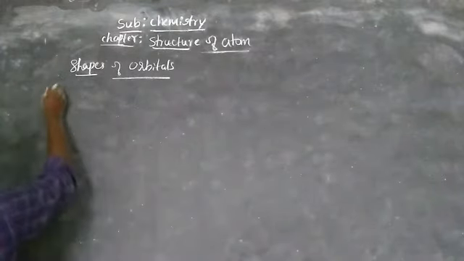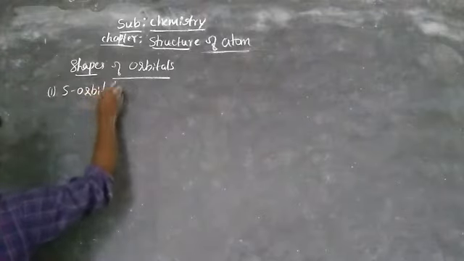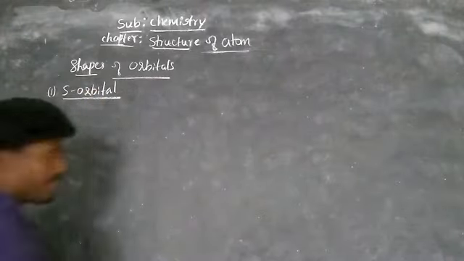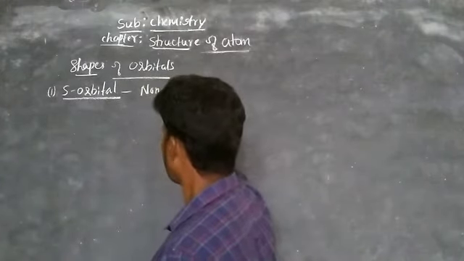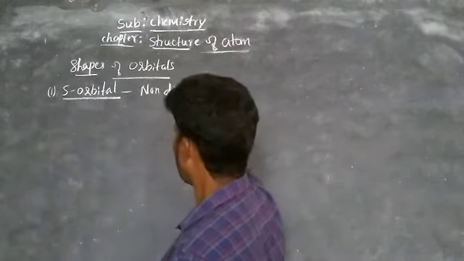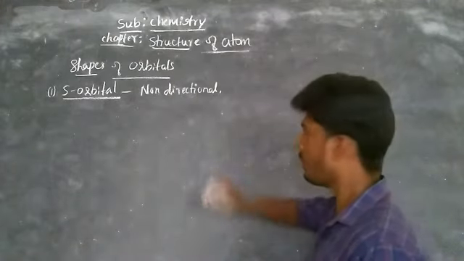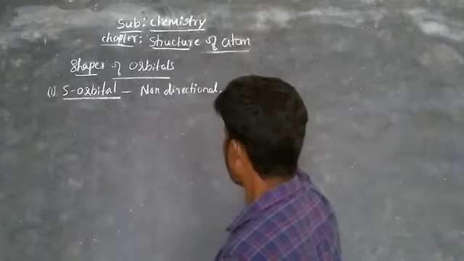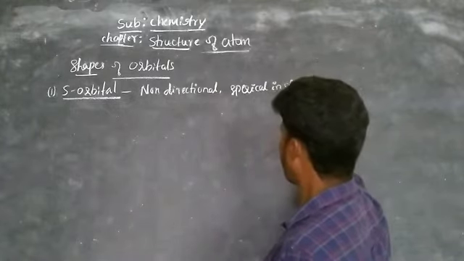The first one is the S orbital. This S orbital is non-directional. There is no direction for the S orbital, and it is spherical in shape.